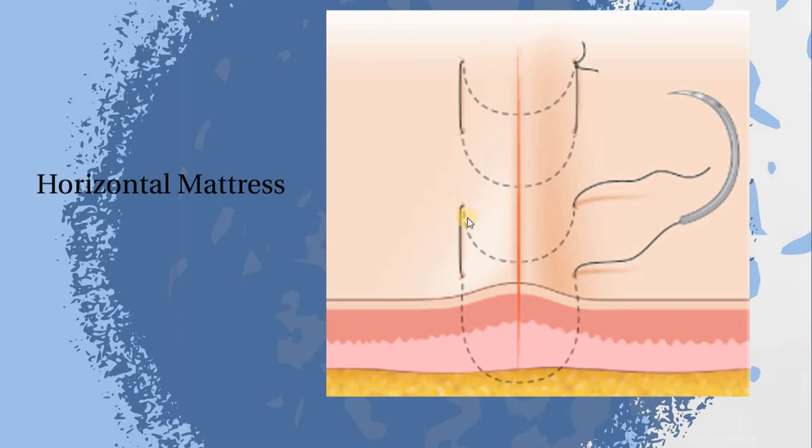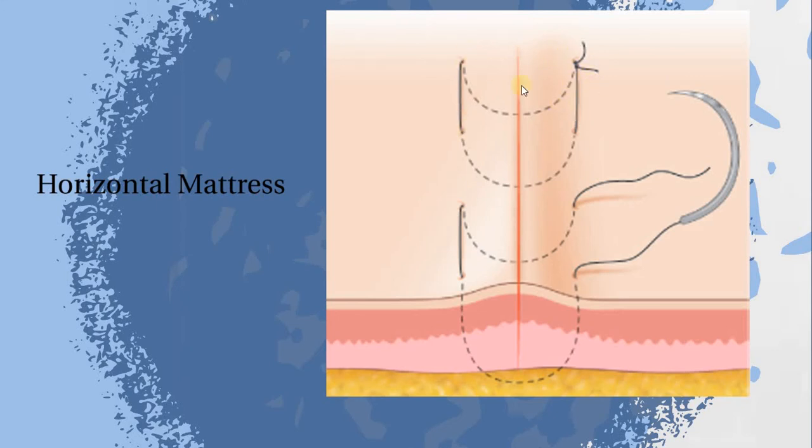First of all, this is the first one. For example, when you hit the first point, you go inside, then you exit on the other side. For example, this is 1, this is 2, and this is 4, and then you tie the suture.